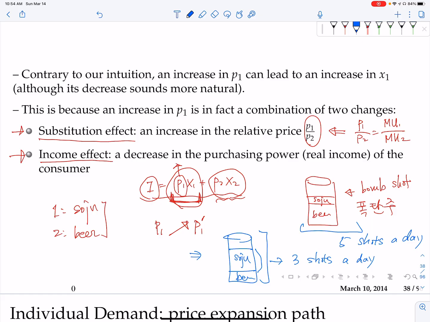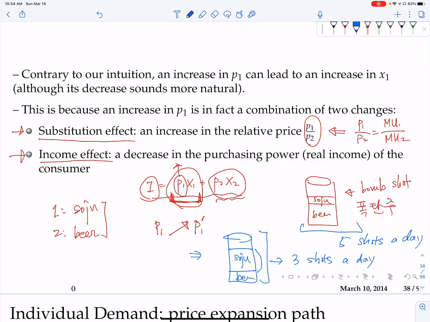That's one of the explanations for what happened in Ireland that year, where the potato crop was really bad. So the potato became more expensive. The poor people living in Ireland may want to reduce the consumption of potato and increase the consumption of meat.